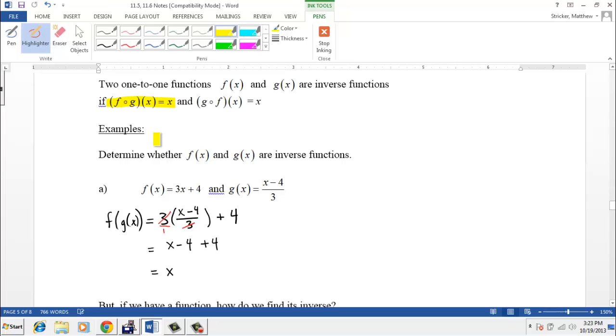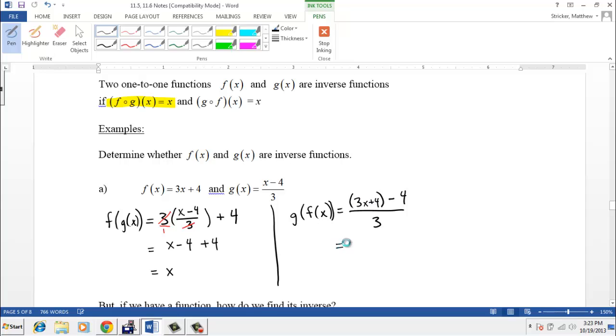And it should also work the other way around. We should be able to take g of f of x and also get x. So g looks like something minus 4 over 3. Now what goes into the x here? What's our input? Our input is f, and f is 3x plus 4.